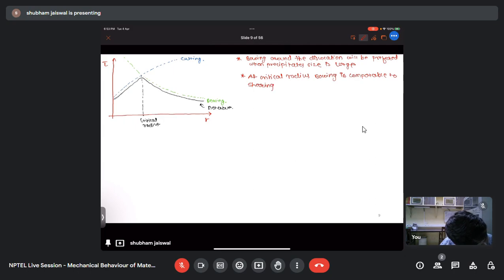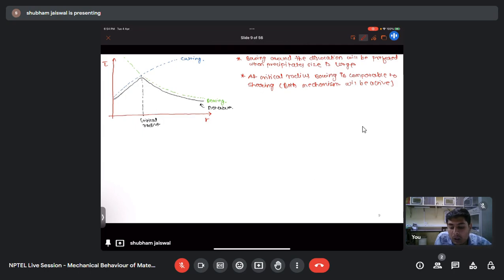It means both mechanisms will be active. So this is about the dislocation interaction with the precipitates.